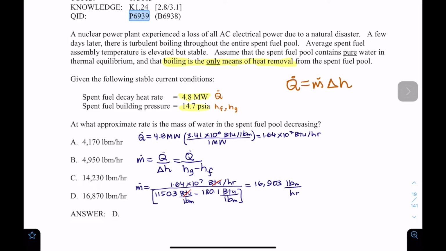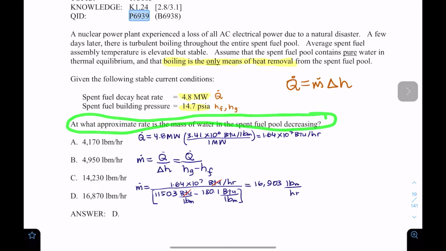What do I need? What is this question asking me? So it's asking me about the rate, the approximate rate. So at what approximate rate is the mass of the water of the spent fuel decreasing? So how much water am I losing through this boiling, through this evaporation on the spent fuel pool, right?